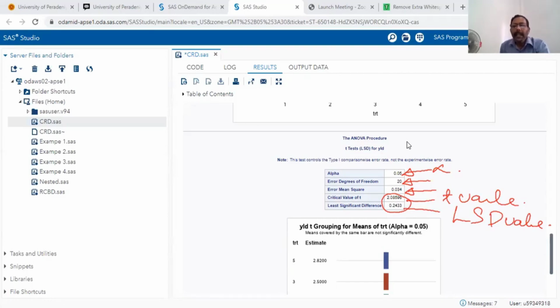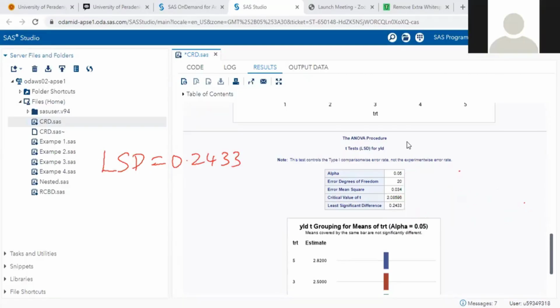There's a calculation process to calculate the LSD value, the least significant difference. Look at this LSD value. What is the LSD value? Tell me. 0.2433, right? Is that correct? Yes, sir. 0.2433. What is happening is, I will go a little further.